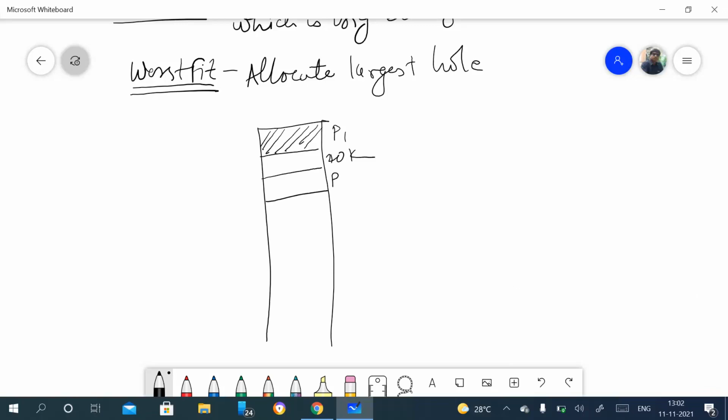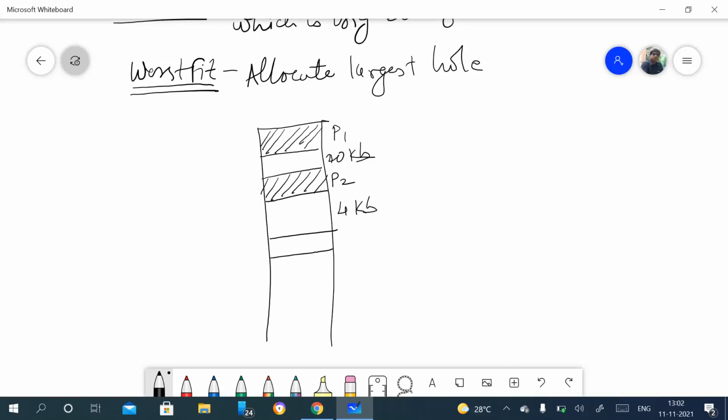Then this is P2, reserved, and this is a hole, double of this, in kilobytes.